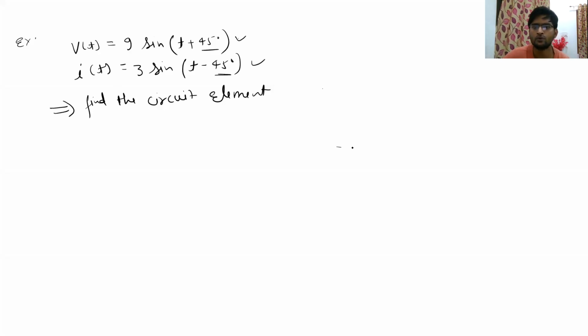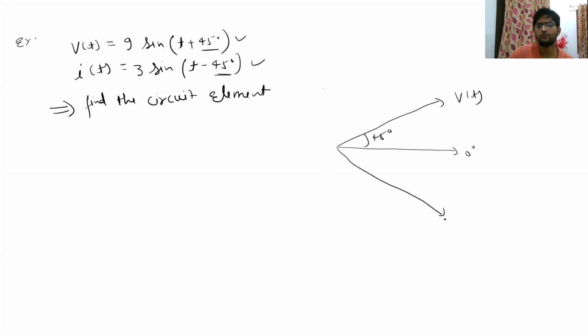So if you draw a phasor with respect to 0-degree phase, the voltage will be at an angle of positive 45 degrees and the current will be at an angle of minus 45 degrees with respect to 0-degree phase. So what is the angle going to be between Vt and It? This whole angle is going to be 90 degrees, right?